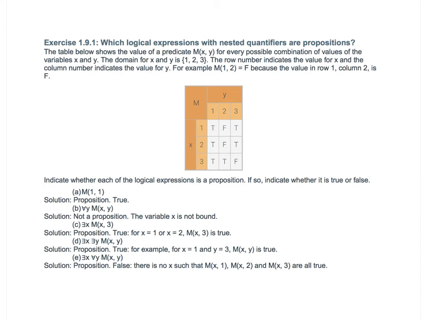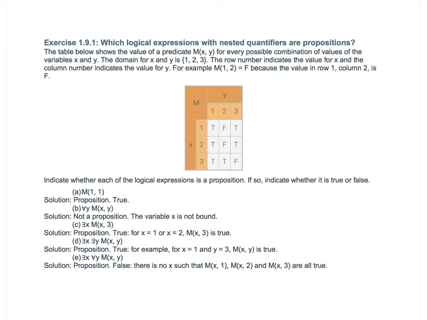It means that there is one row in this table, one value for x, one row that has all true values, which means that for every y, no matter what the value of y is, that row has true values. Is it the case?